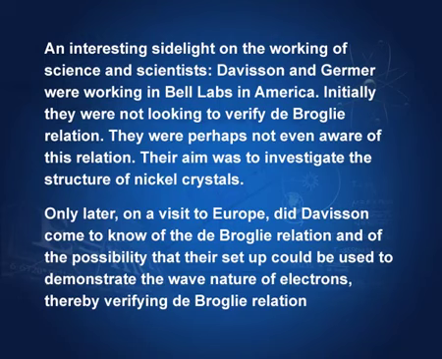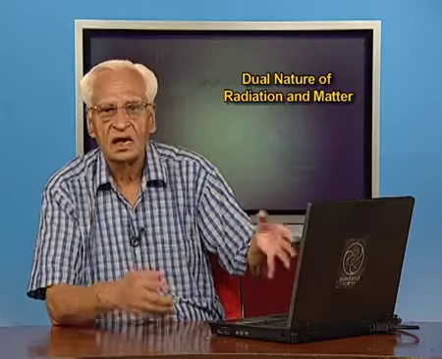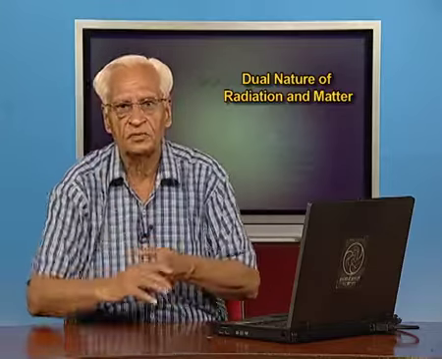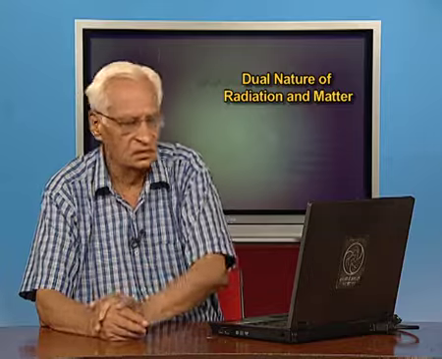Only later, on a visit to Europe, did Davisson come to know of the de Broglie relation and of the possibility that their setup could be used to demonstrate the wave nature of electrons. Davisson got an invitation from Europe to visit some places.